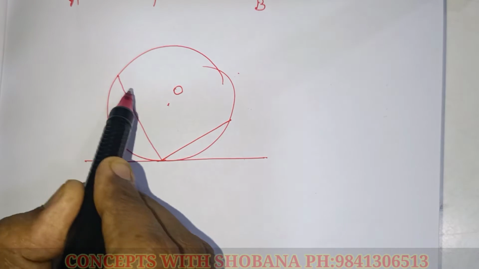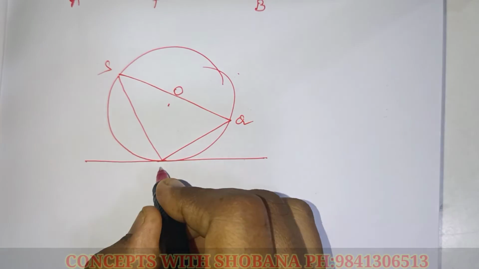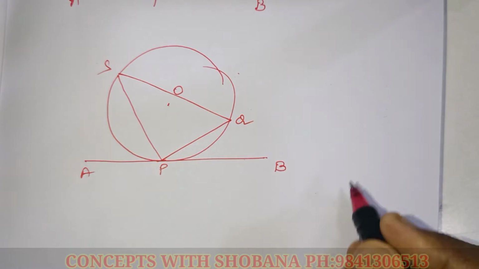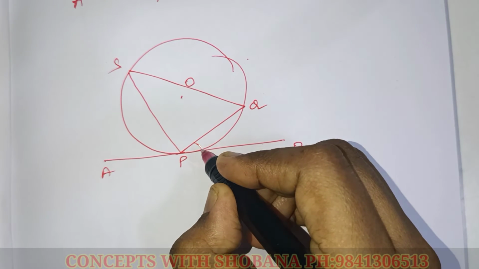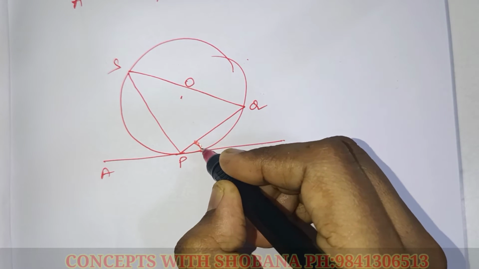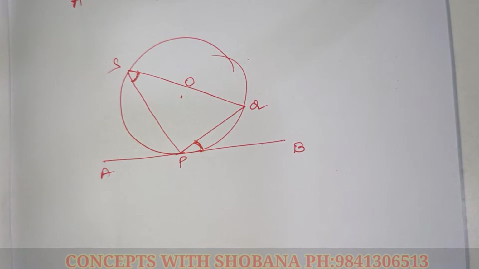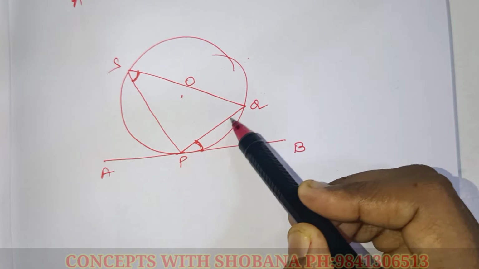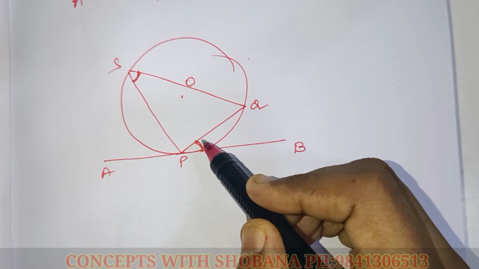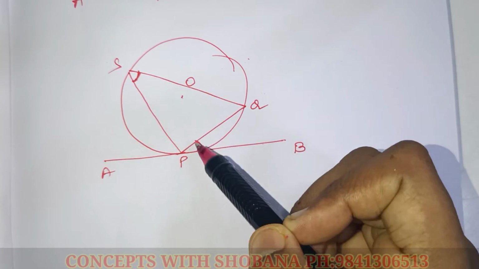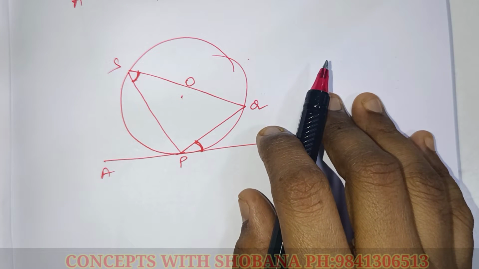PS and SQ, such a chord, with SQPAB. Now, the angle formed in this segment will be equal to this angle. So in the segment formed by the chord, this is the major segment, this is the minor segment. The angle formed in the minor segment will be equal to the angle formed in the major segment, that is, alternate angles. This is the alternate segment theorem.